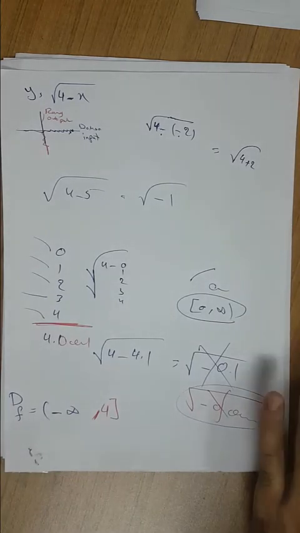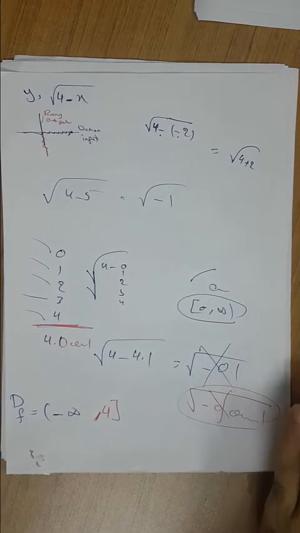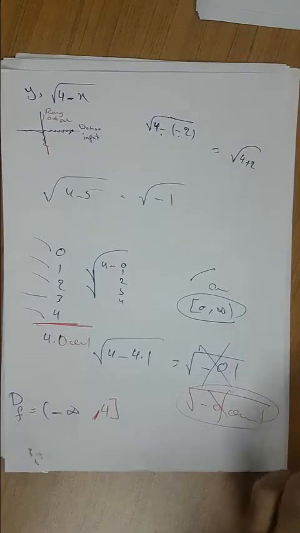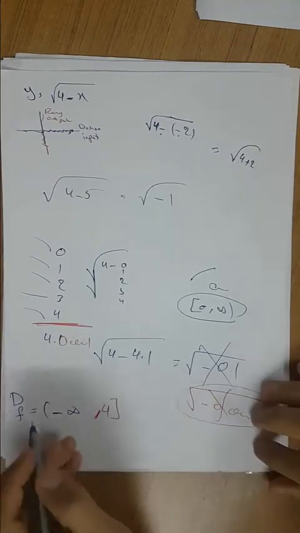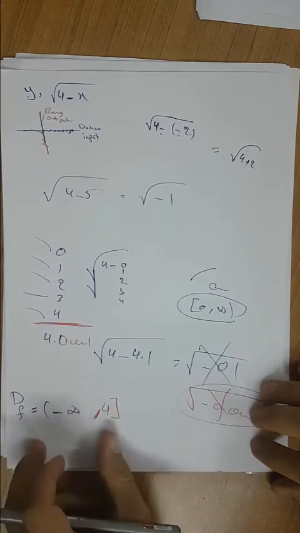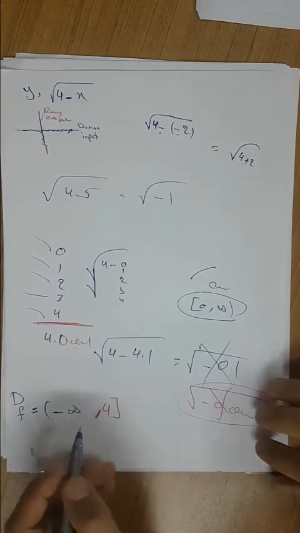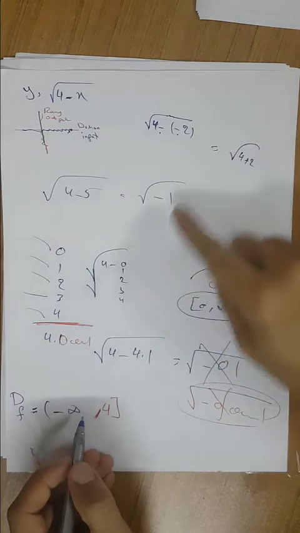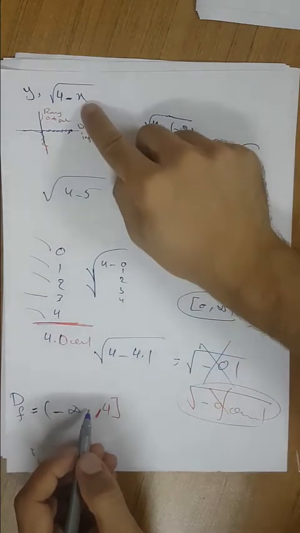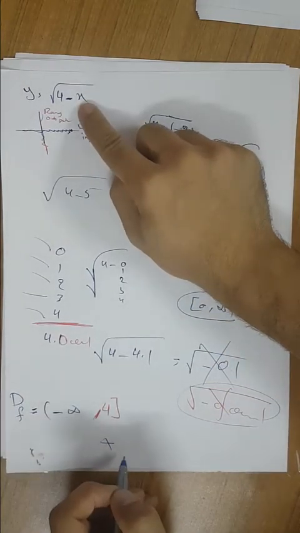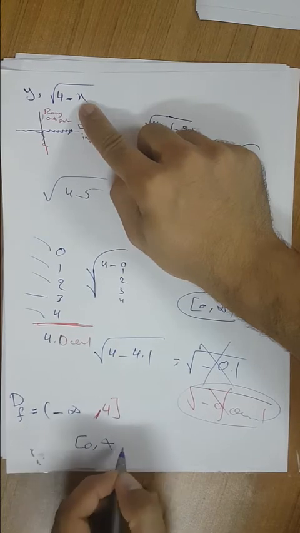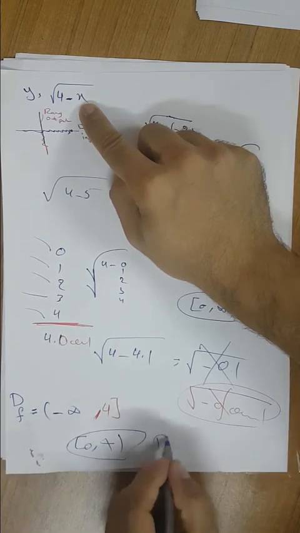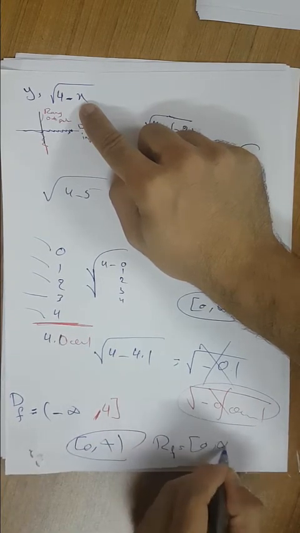In the next example, you will see the difference between the examples, and we will give you another number. So in that case, if I put any negative number, I will get positive. How about if I put 4, I will get 0. So that means the range of the function will start from 0 to infinity.